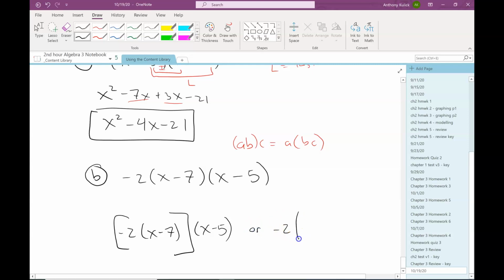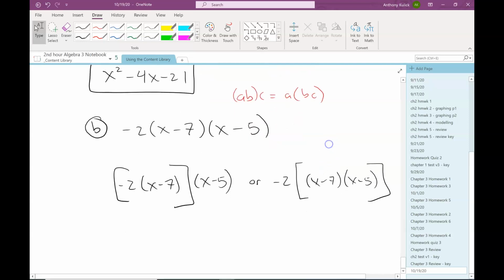What's not okay to do, and I see happen quite frequently with students, is them to do something like this, where they multiply the -2 to both sets of parentheses, and then multiply those 2 sets of parentheses together again. This is bad. Do not do this. The -2 only gets multiplied in 1 set of parentheses, not both.